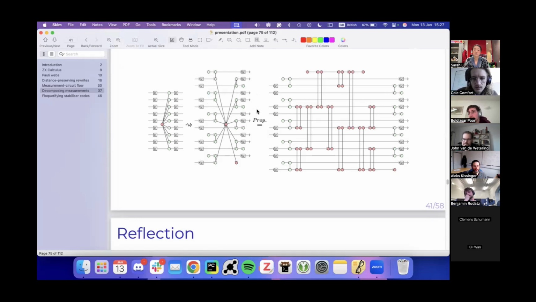It raises the question: can you optimize connectivity from this Floquetification procedure? I do know that Ben is working with some people where he has to go into very much specifics about connectivity. Maybe he can mention that.